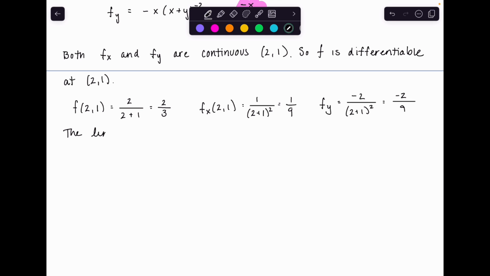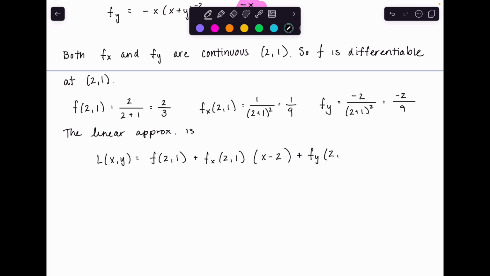We can now find the linear approximation. L of (x, y) is going to be f of (2, 1) plus the partial with respect to x evaluated at (2, 1) times x minus the x coordinate, plus the partial with respect to y at that point times y minus the y coordinate.